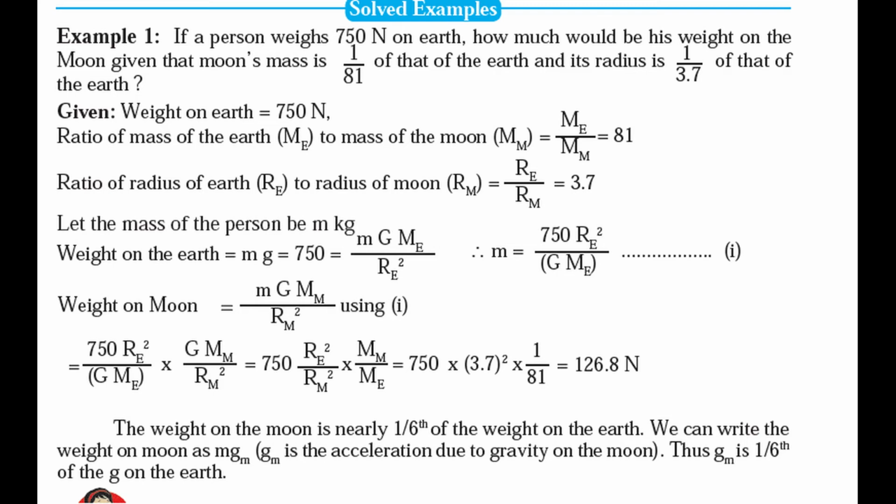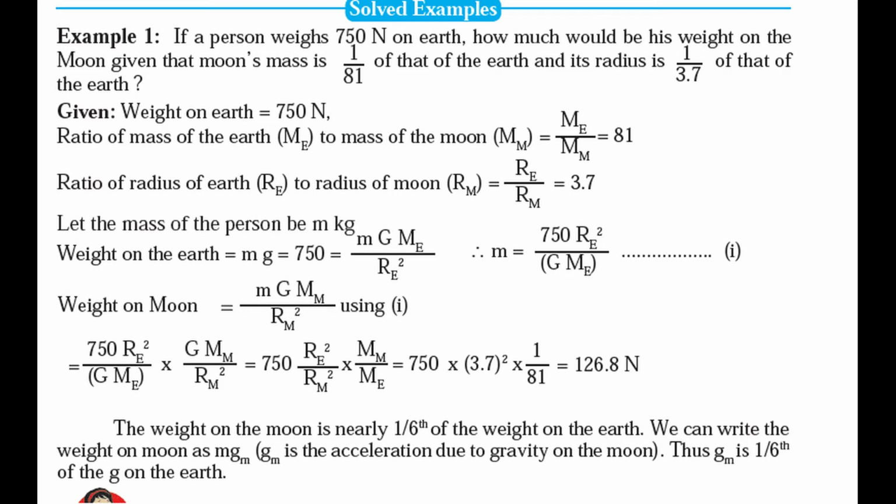Now the mass of the person, if it is m kilograms, weight on the Earth will be mg, that is 750 is equal to, we know the formula for weight is small m times capital G times capital M for Earth divided by radius of Earth, its square.